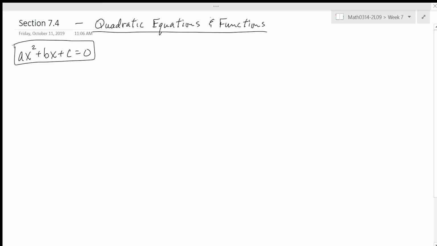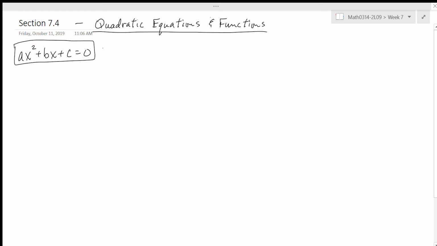Anybody seen that before? Maybe in some other math class, maybe in public school. That is your standard form of a quadratic equation. You probably remember this because you needed to find A, B, and C to plug into the quadratic formula.